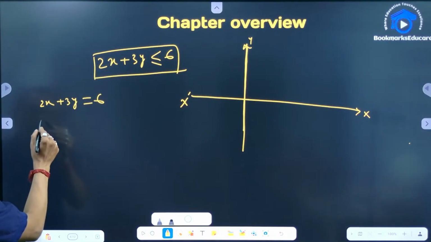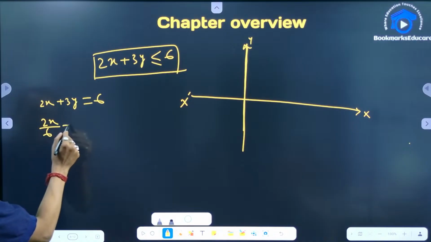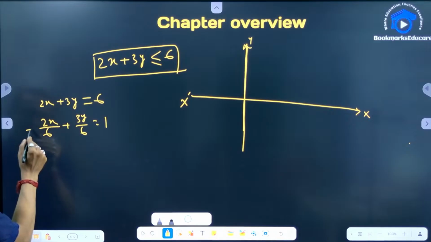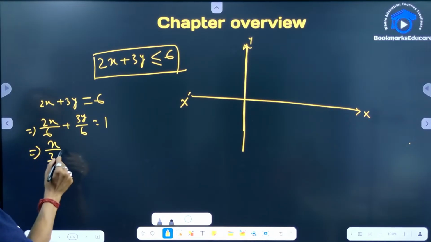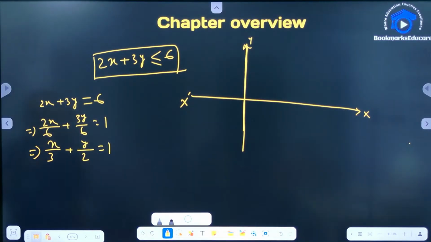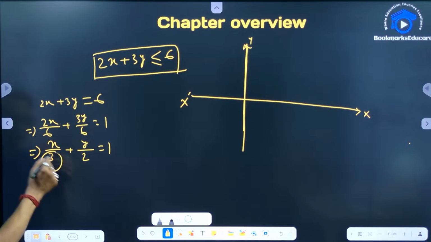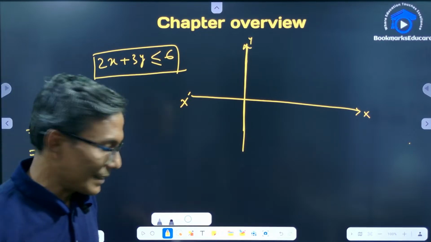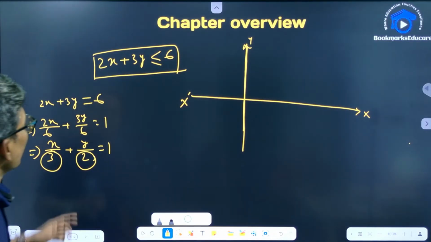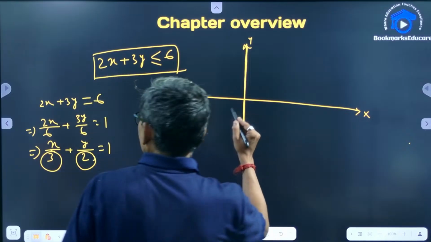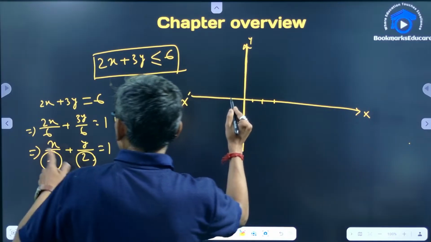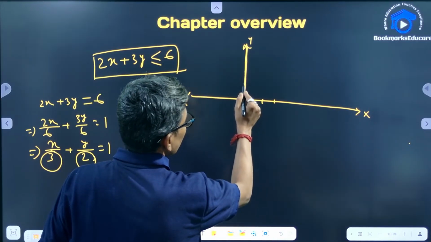So 2x by 6 plus 3y by 6 is equal to 1. So x by 3 plus y by 2 is equal to 1. So 3 is the length of intercept on the x-axis and 2 is the length of intercept on the y-axis. What is the measurement on the y-axis? 1, 2.